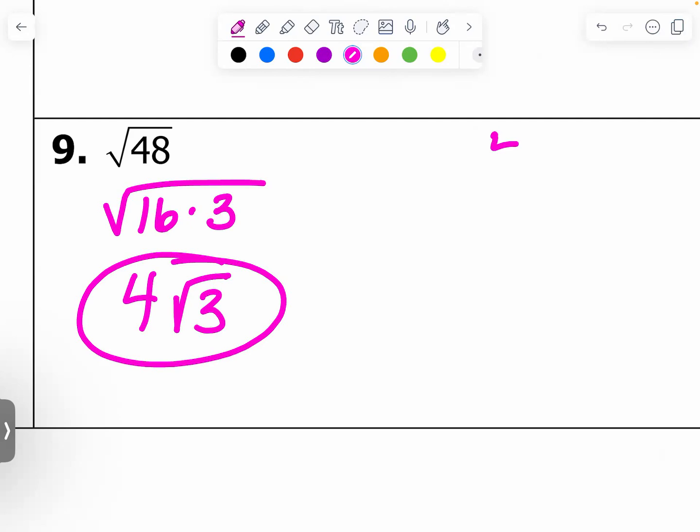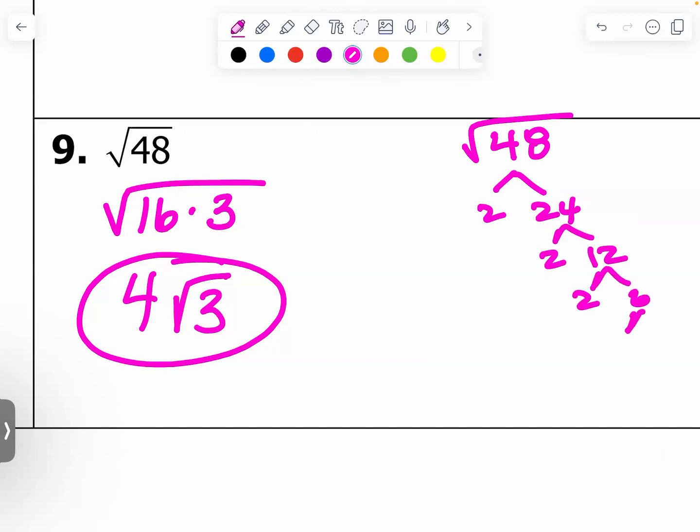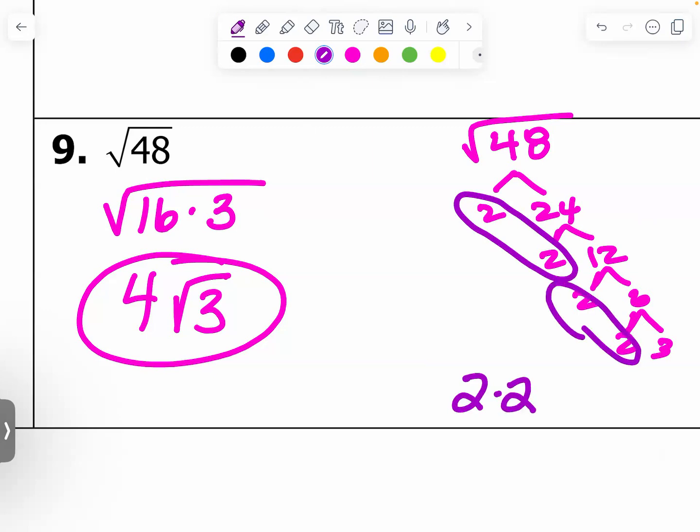Okay, so if you do 48, your tree was what? Like 6 times 8? 2 and 24? And then you did 2 times 12? And then 2 times 6? And then 2 times 3? So here's a pair of 2s that come out. Here's a pair of 2s that come out. And 3's the loner underneath.